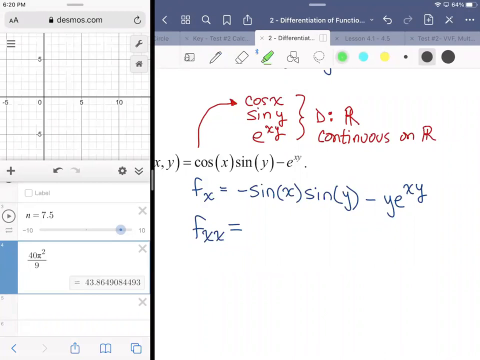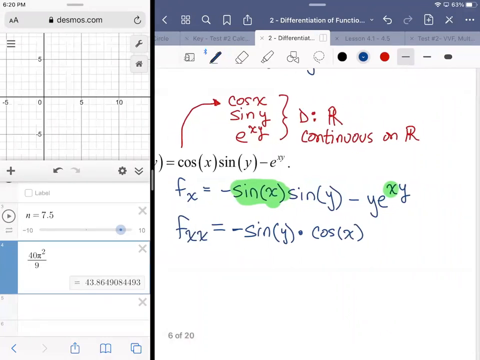Right. But again, I like to go the highlighter route. The variable in question here is x. So I'm hanging on to x. I'll really just highlight the x there. So I have a negative constant multiplier. Sine of y is a constant multiple. Derivative of sine of x is cosine of x with respect to x.